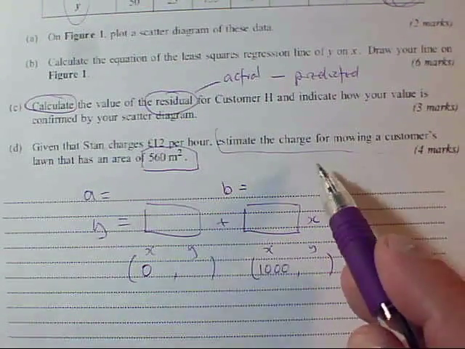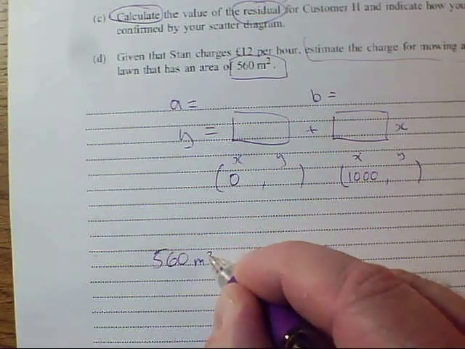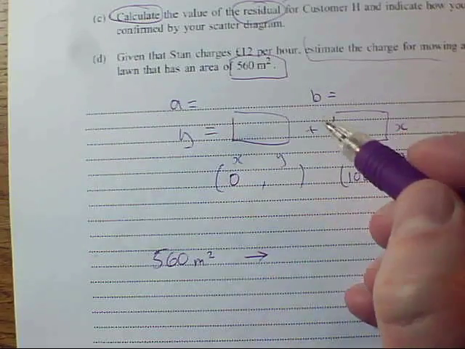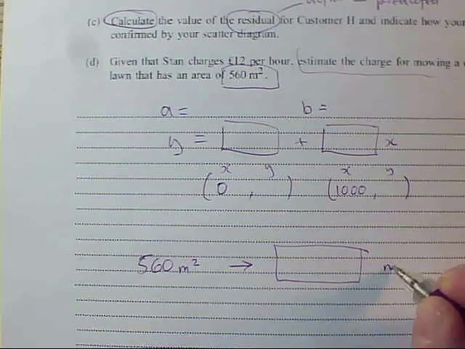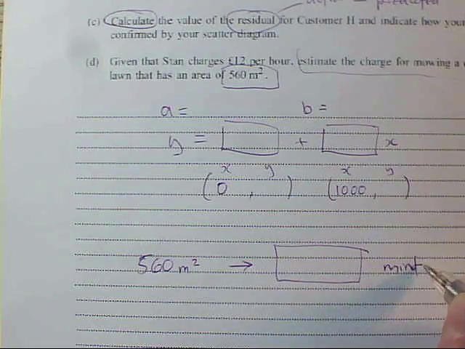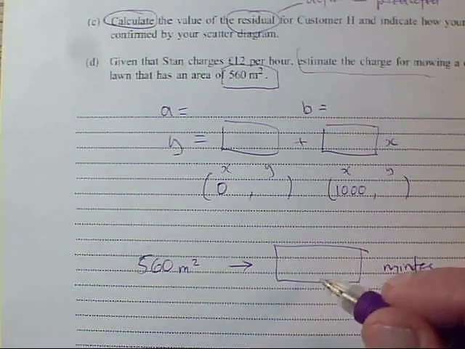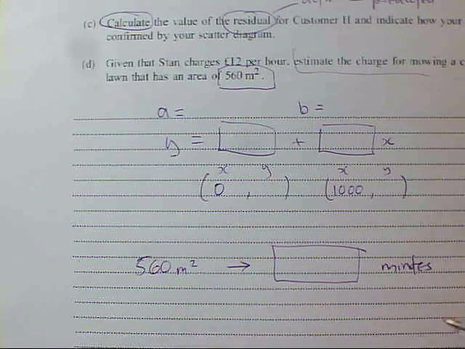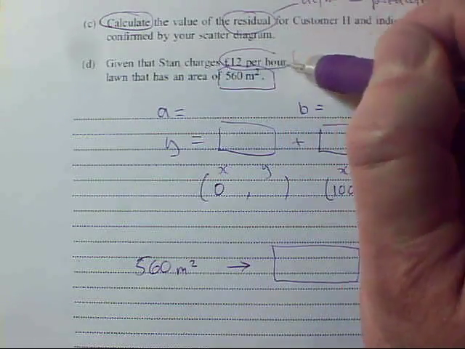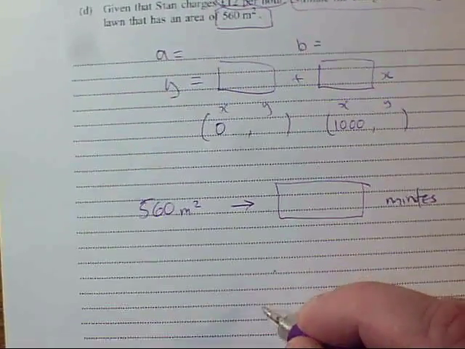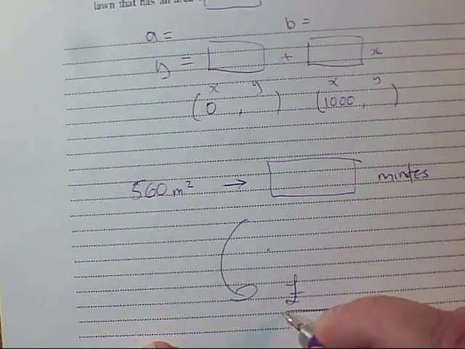So for this one here, we should be able to say that 560 meters squared, we should be able to use our regression equation to predict how many minutes. So there's going to be some number of minutes. Show your method obviously for this, don't just write down how many minutes, show how you work them out as well. And then if we know how many minutes it is, we can just do ordinary calculations with £12 per hour to give a final answer. So after some working, your final answer will be his bill in pounds.